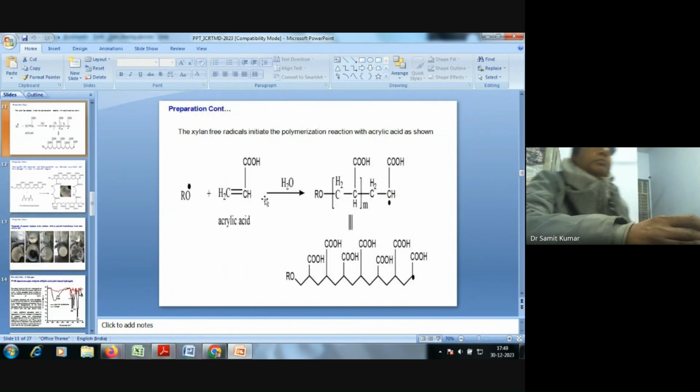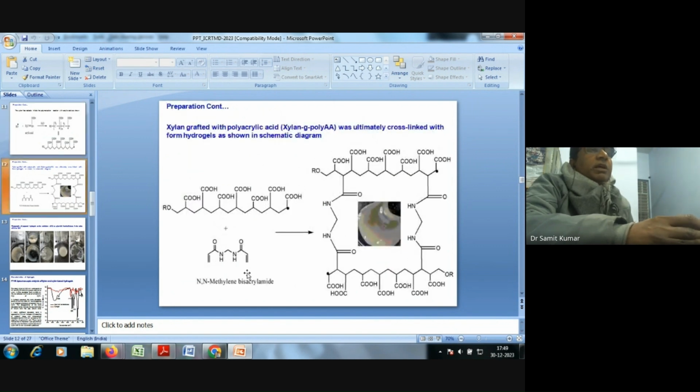Now, the Xylan radical further reacts with acrylic acid to form radicals, which is polymerized. Now, further it is treated with N,N-methylene bis-acrylamide to form hydrogel, because N,N-methylene bis-acrylamide acts like a cross-linker, a cross-linking agent present here.